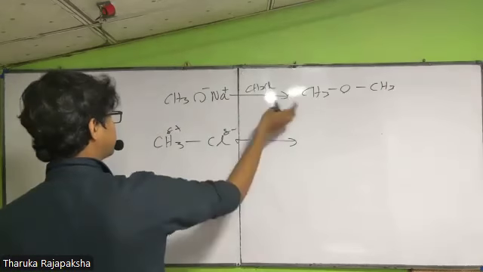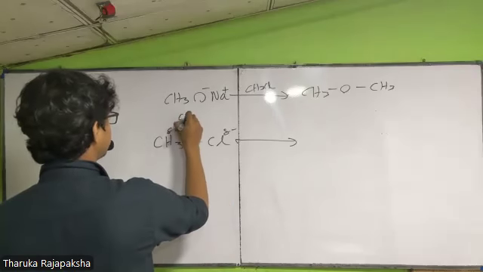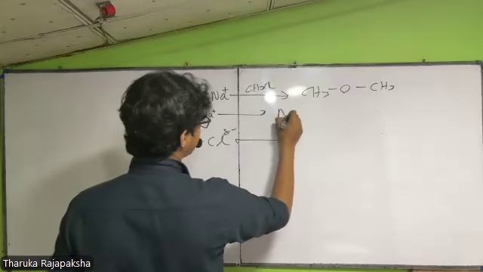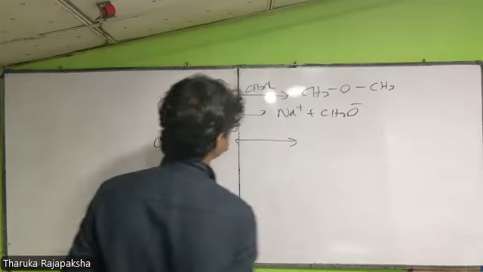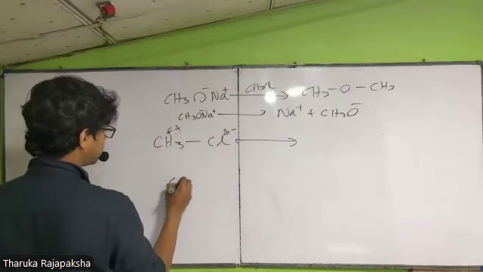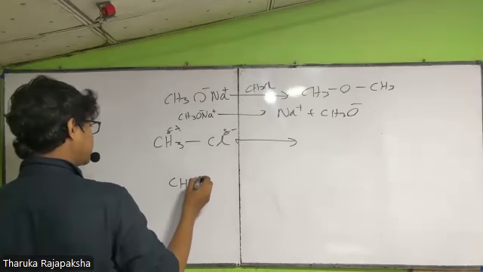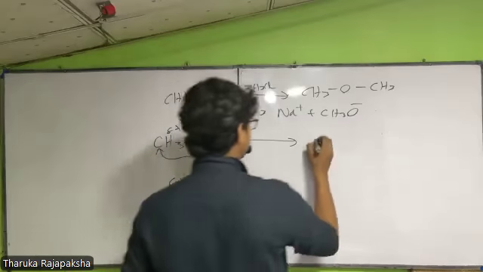This molecule will dissociate: CH3ONa will dissociate into Na plus and CH3O minus. Now what will happen? CH3O minus will attack this one. Simple, easy.